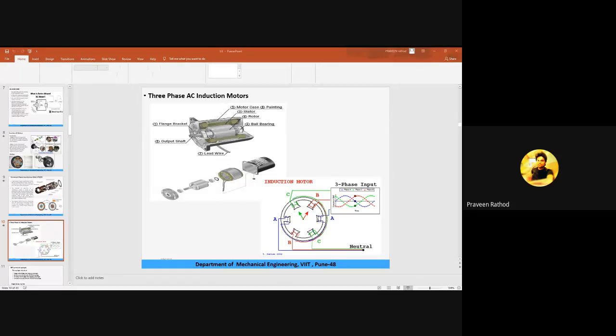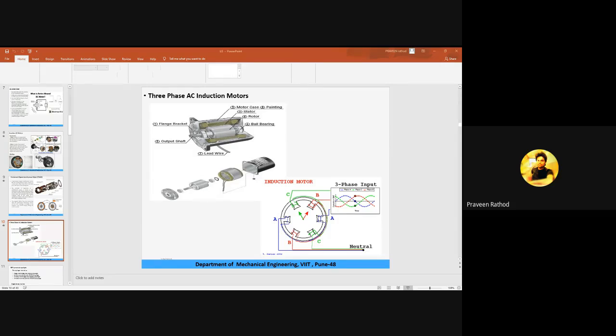So this is the working principle of the induction motor. In each and every motor there are two parts: one is a stator, another is a rotor. The inner portion of the stator is made up of slots. In the slots, the three-phase winding is wound inside those slots of the stator.